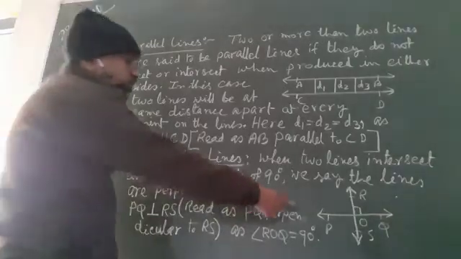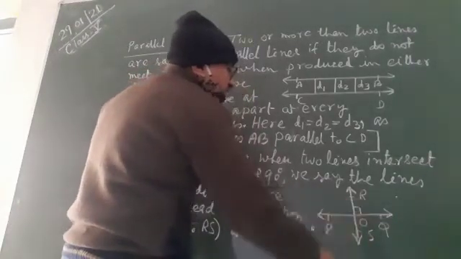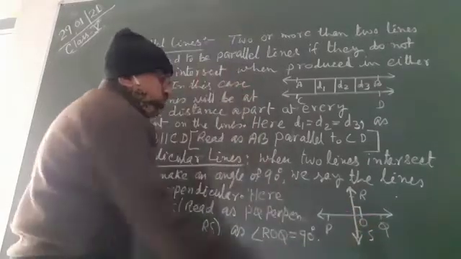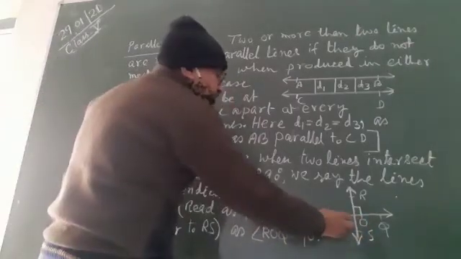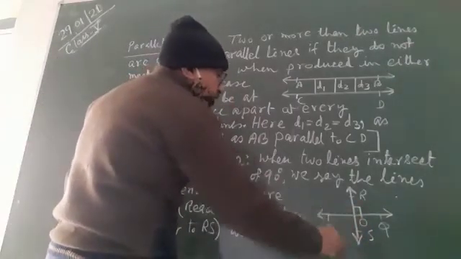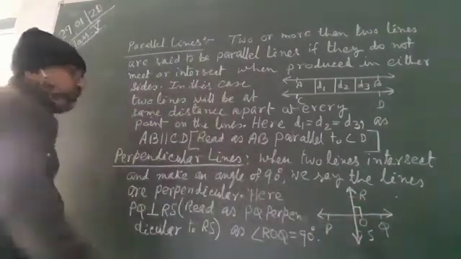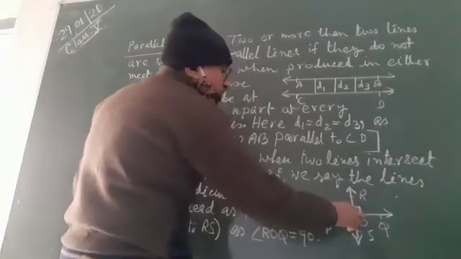Here I have drawn two lines, PQ and RS. These two lines have intersected here at O. This is the point O I have taken. O is the intersecting point of the lines PQ and RS, and they have made an angle at O of 90 degrees.